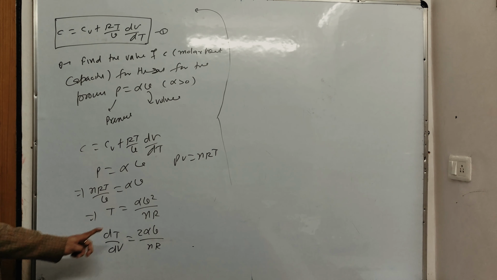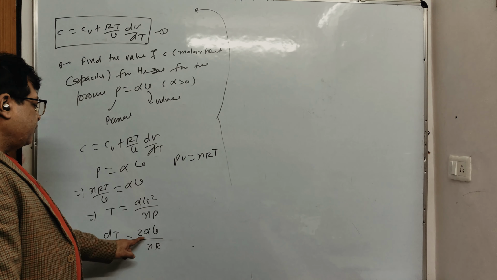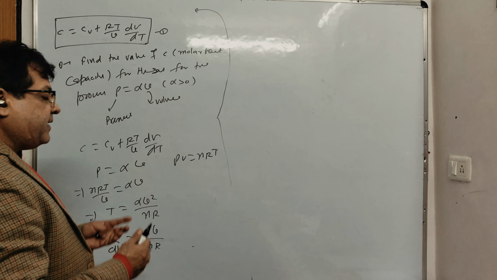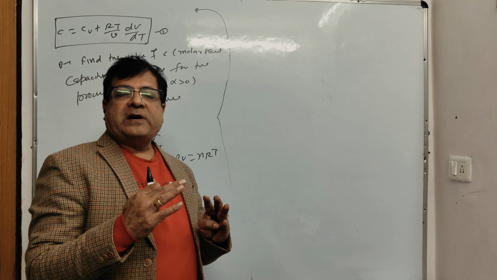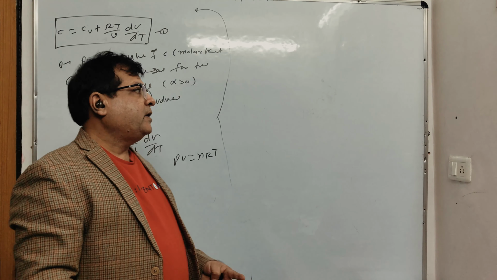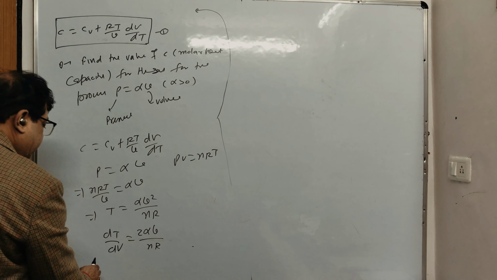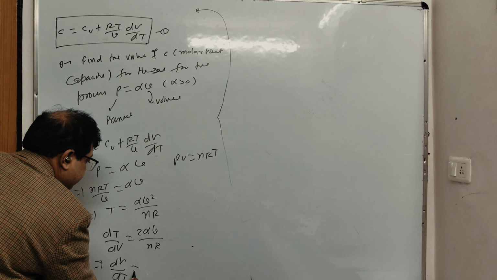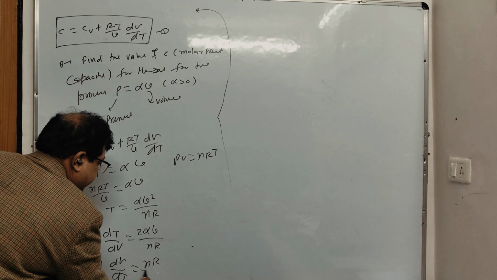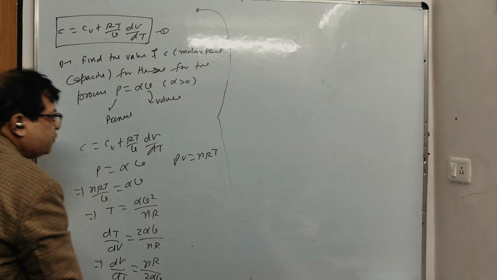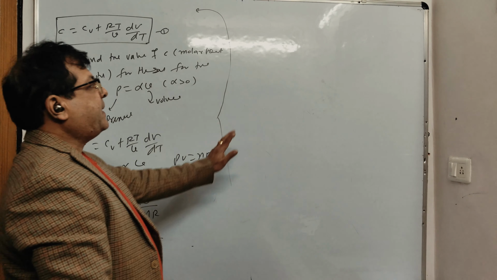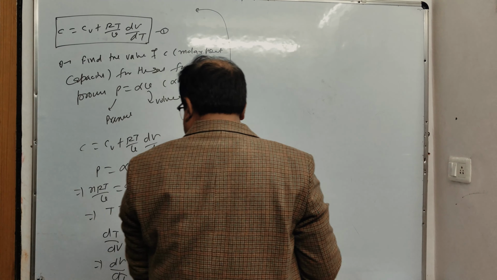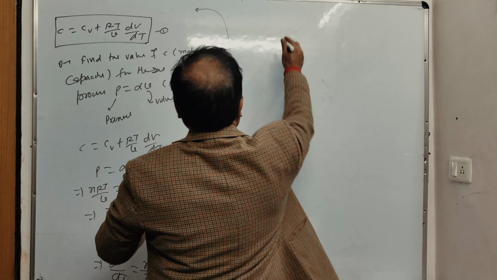But I have to calculate dV by dt. I do not want dT by dV, I want dV by dT. So taking the inverse, dV by dT is equal to nR by 2 alpha V.